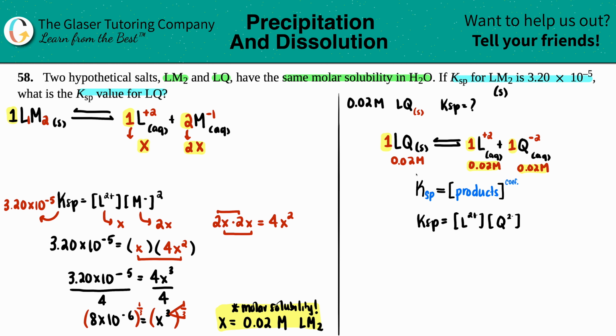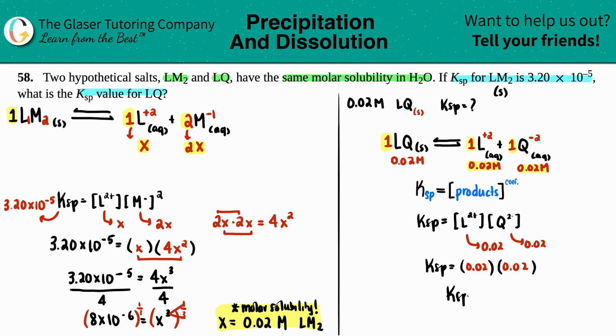They both equal 0.02 and 0.02. So KSP just equals those two values multiplied together.